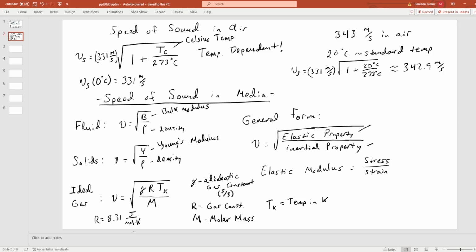Okay, and this R, there are multiple ways, but your ideal gas law is usually written something like this, or like this. And these are equivalent.